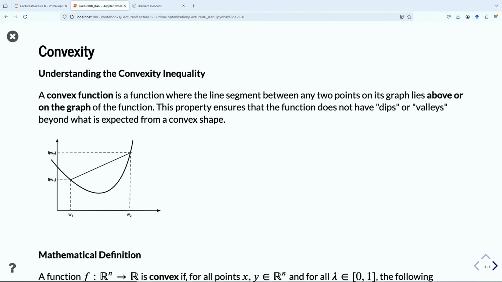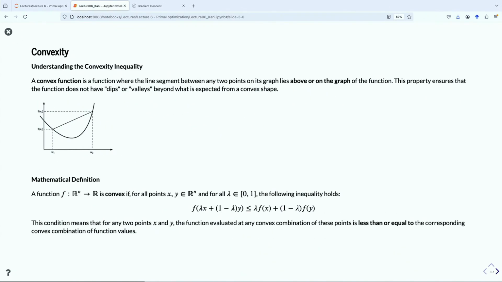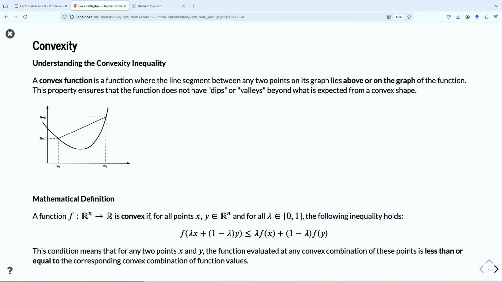The mathematical definition of convexity is that given a function where you have a bunch of real inputs that is mapped to some real number, a function is convex if for all points x and y, given 2 points, x and y, then for all parameters of lambda, the following inequality holds.